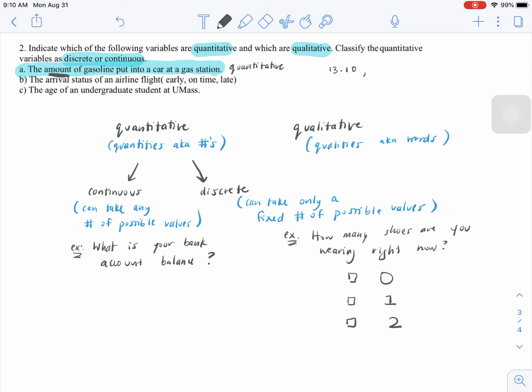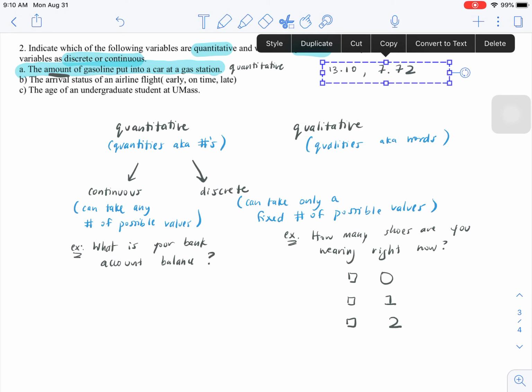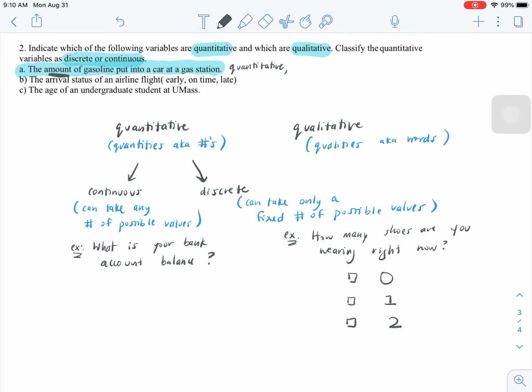Maybe if my tank was already half full, I'm only putting in 7.72 gallons and so on. So it gives it to me in decimal form. So there's a lot of different possibilities that I could have for the amount I put in. So this is a continuous variable.